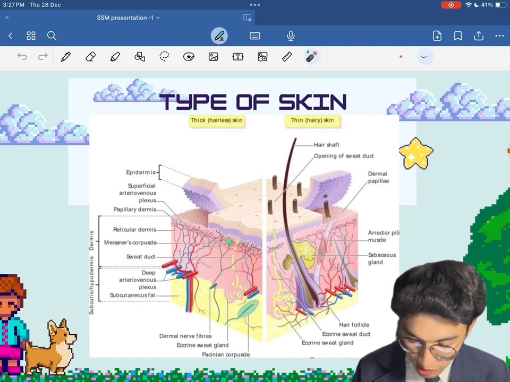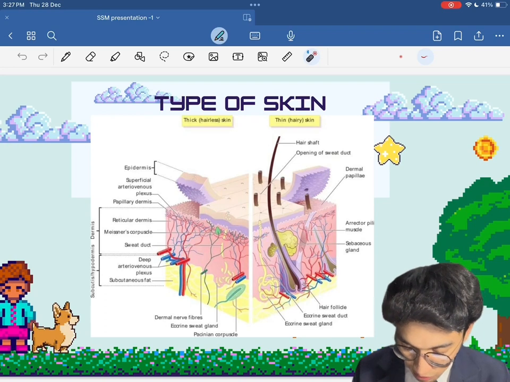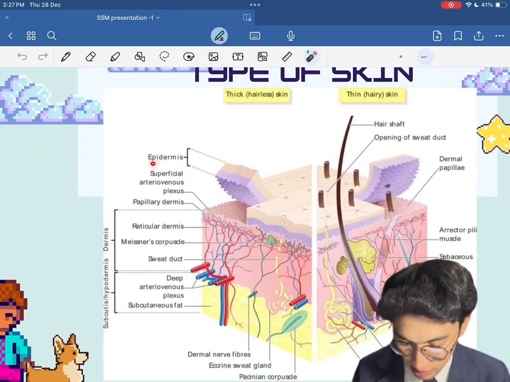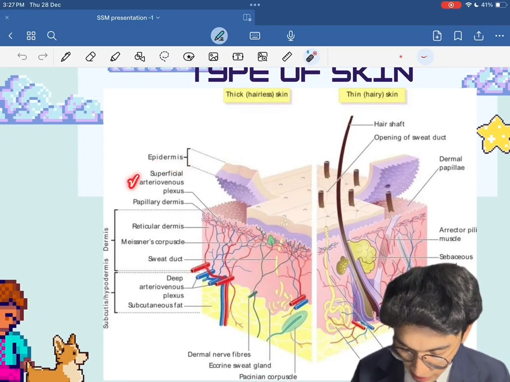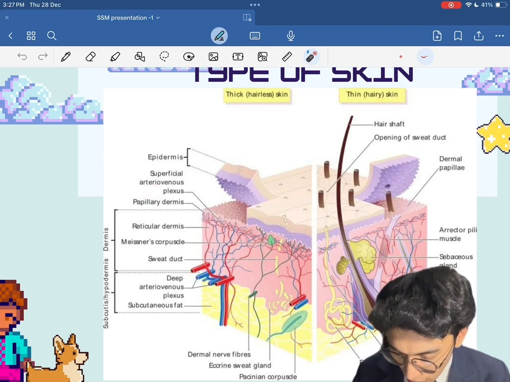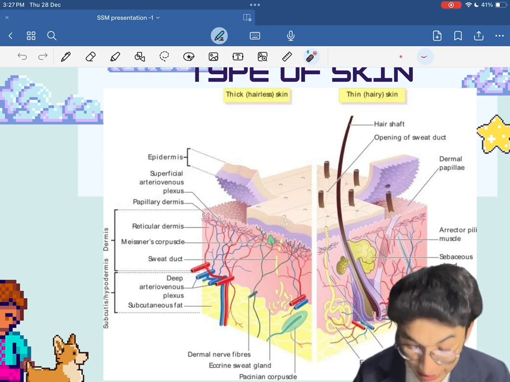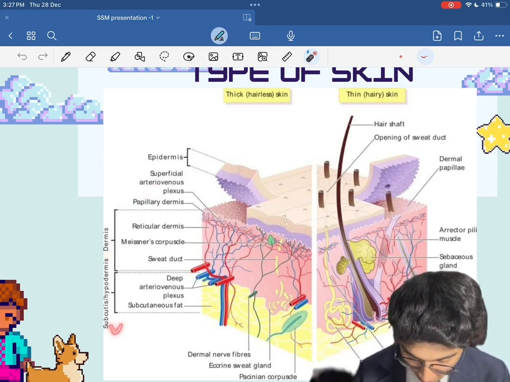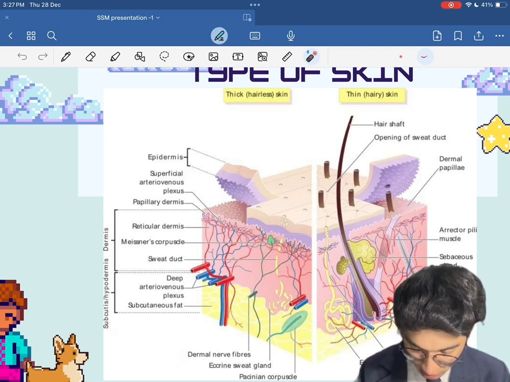For the thick skin, we have the epidermis, superficial arteriovenous plexus, papillary dermis, dermis, hypodermis, dermal nerve fiber, eccrine sweat gland, and pacinian corpuscles.